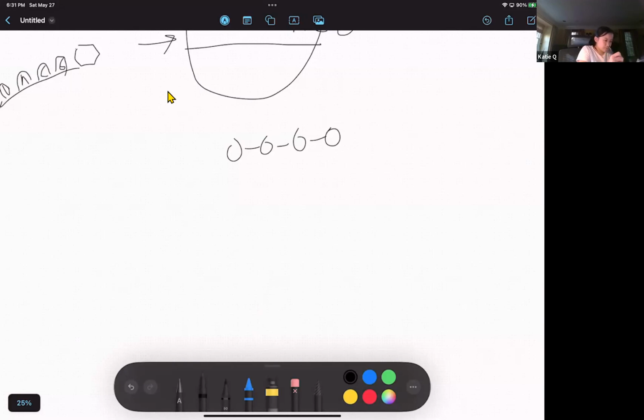So that's a deletion. Let's say there was an insertion instead. So like AU, so it would be AUA, which would make this UGU.